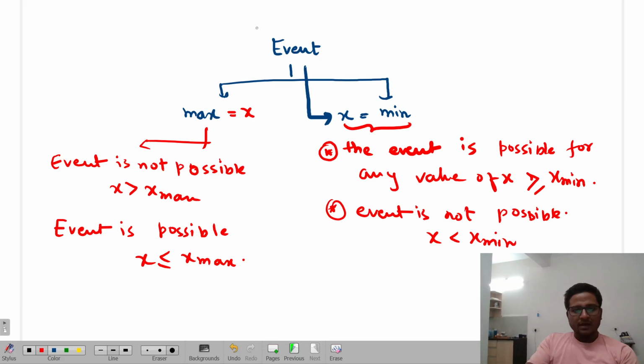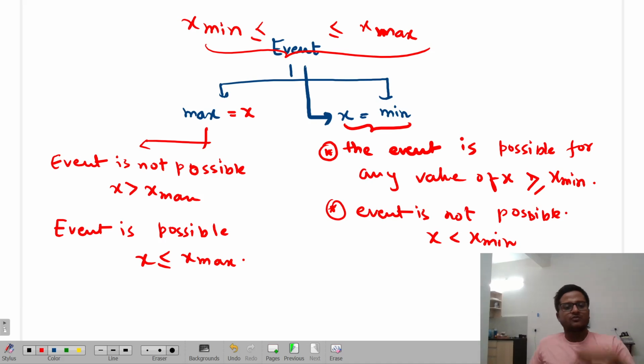So it means the range of the event lies between x minimum and x maximum. Are you able to get me or not? For anything to happen, it lies between two limits, minimum and maximum. And in one event, we can only tell about minimum or only tell about maximum. There are very few scenarios in which we can talk about both minimum and maximum. Are you able to get me or not?